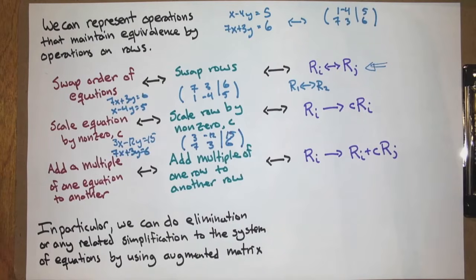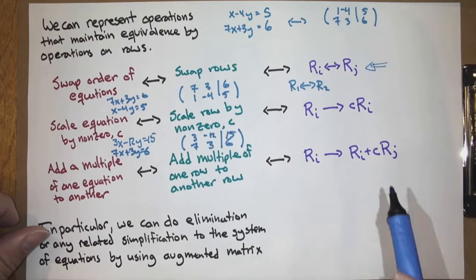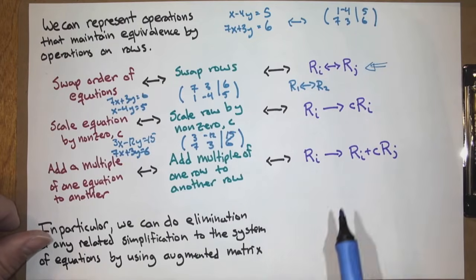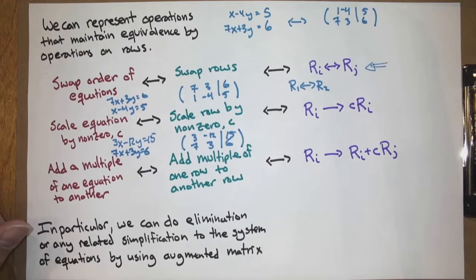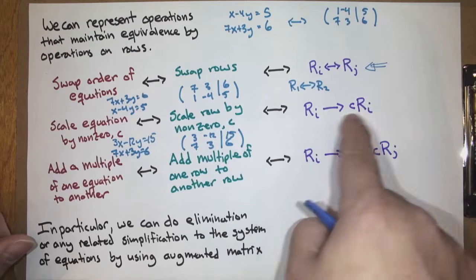So what's going on is scaling an equation by a non-zero constant scales the row by a non-zero constant. Now, here I will say I wrote my notes up before I closely checked what the book uses for notation. And so it turns out the book flips the arrow from what I wrote.